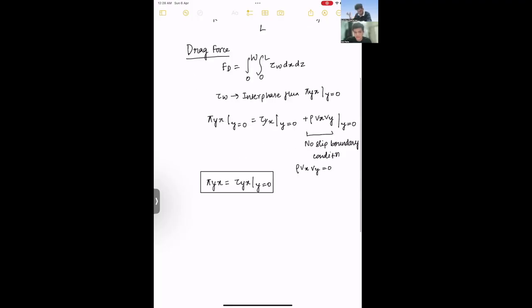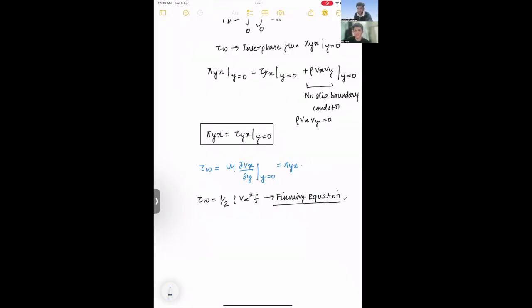Now we will equate tau w equals pi yx. Substituting the value of shear stress, which is equal to mu dvx by dy, which equals pi yx. We also have tau w equals half rho V infinity square into f. This is the empirical equation, where rho is density and f is the friction factor.